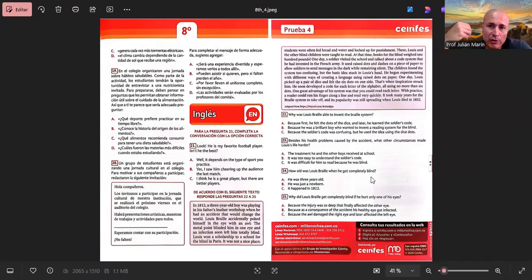So we also need to have enough lexicon and vocabulary for understanding the story, the ideas, the arguments, not only in the text, but also in the questions and the possible answers. This is definitely in the ICFES test and in Martes de Prueba, in the English section, one of the most difficult activities.